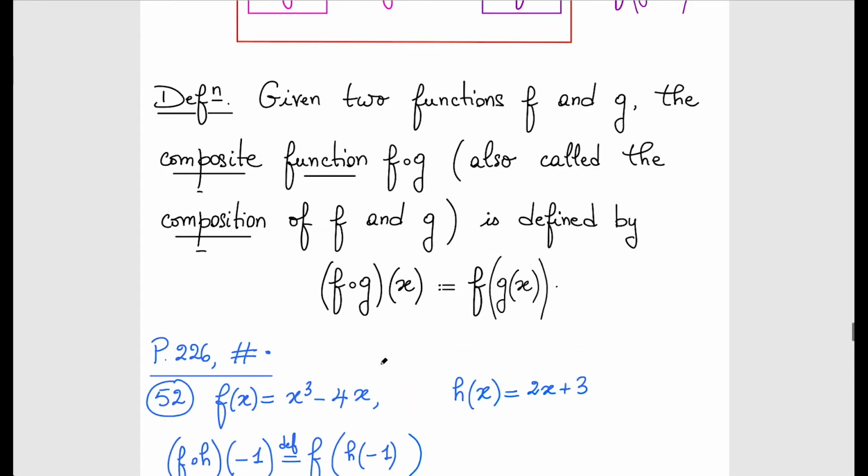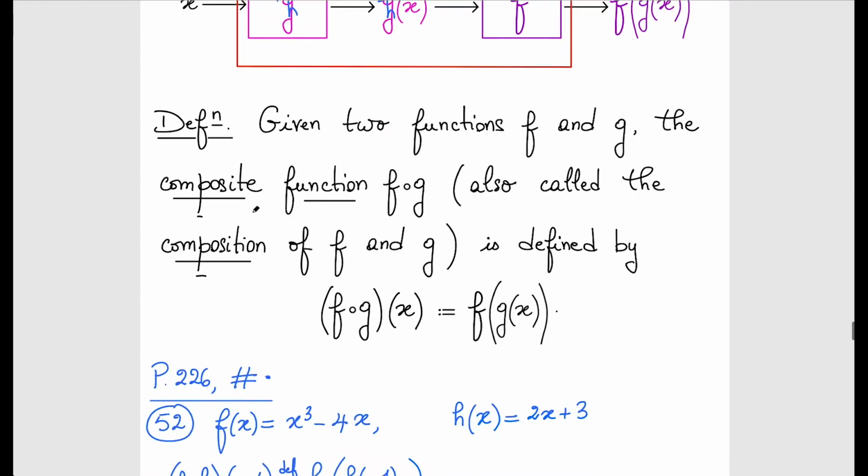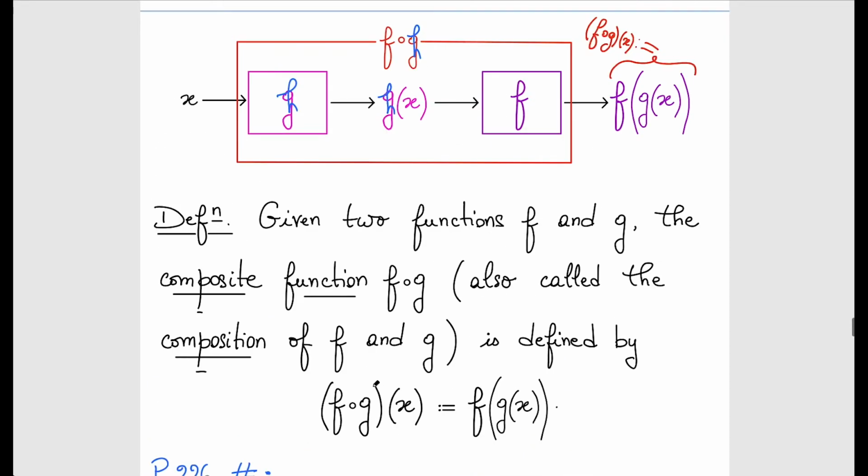If you want to keep track of it, based on the diagram, here we have h, we don't have g, right? So we're going to plug in the number -1 for x, and that goes into the composite function and hits h. H is going to produce h of -1. We need to find that, because we have the recipe of h.